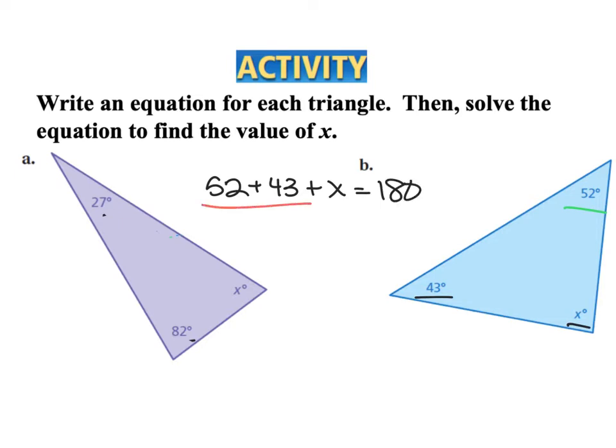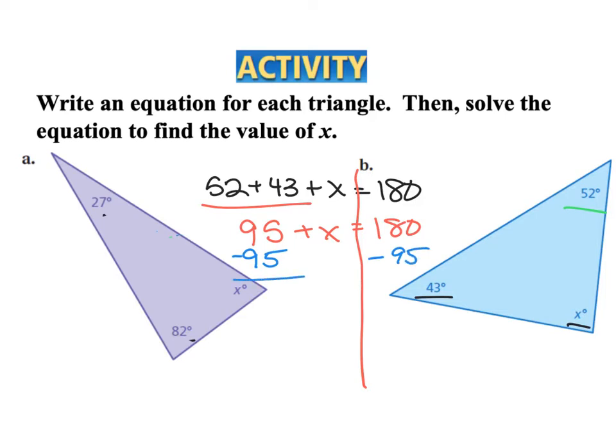If I put my 2 numbers together, I believe I get 95 plus x equals 180. And again, we're looking at this with 2 sides. I got to get rid of my 95 on this side, so get rid of 95 on that side. These cancel out, leaves me with my x all by itself. 180 minus 95, I believe, gives us 85 degrees. There would be our answer.